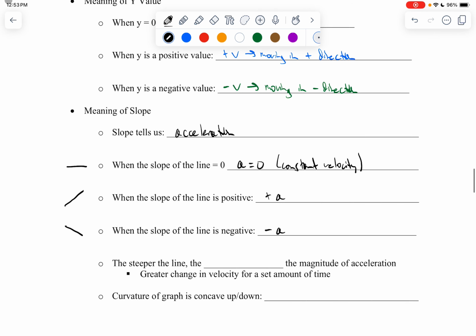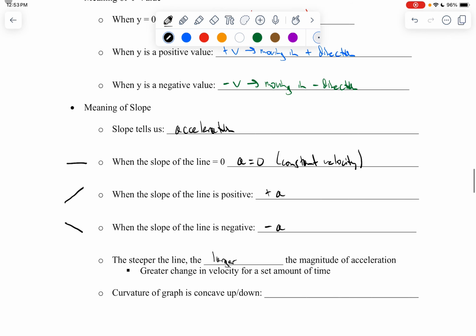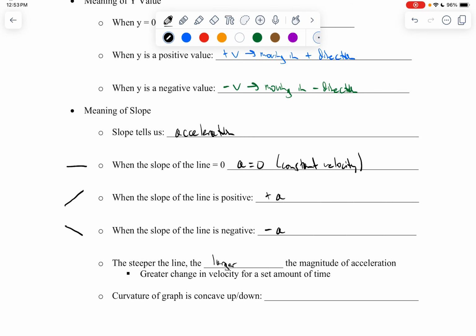And what we can say in this case is that the steeper the line is, the greater the slope, which means we're going to have a larger magnitude in terms of our acceleration. So we're having a much greater change in our velocity over a given amount of time. And then the last thing is if we have what we call a nonlinear slope. So again, we either have that concave up or you might have a concave down graph.